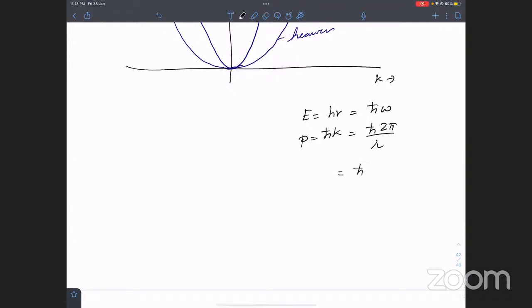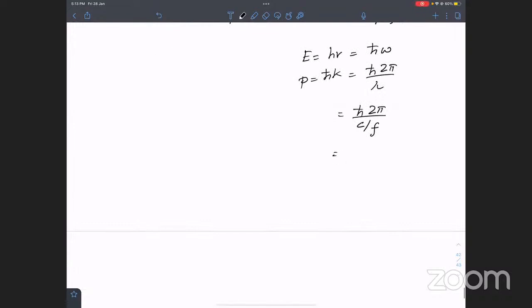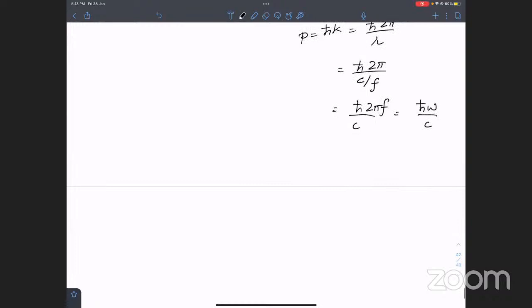This can be written as h bar times 2 pi c by lambda, or h bar by c times 2 pi f, or h bar omega by c, right?